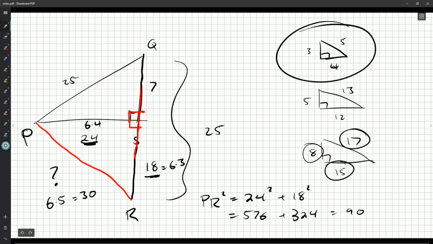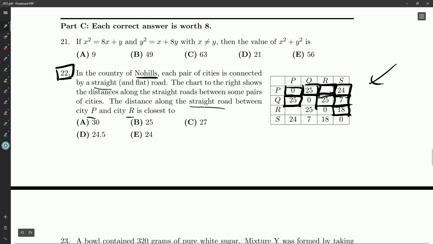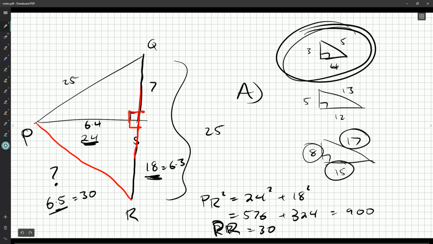Add them up, that's 900. And the square root of 900, PR, would be 30. So you can either recognize the pattern in these numbers, that you're just scaling up the 3, 4, 5 triangle, or you could work it out. They probably both take the same amount of time. And there's our answer, A, 30.